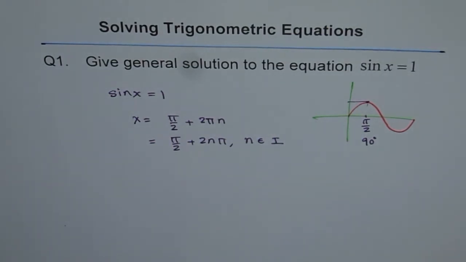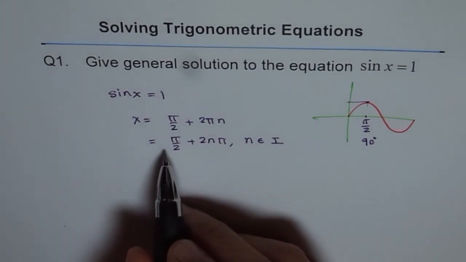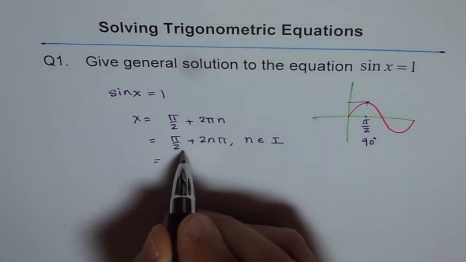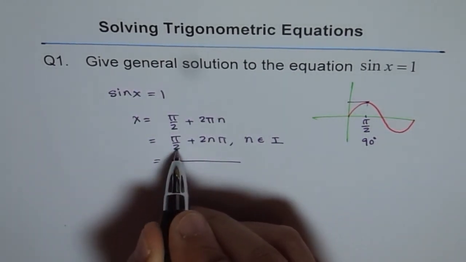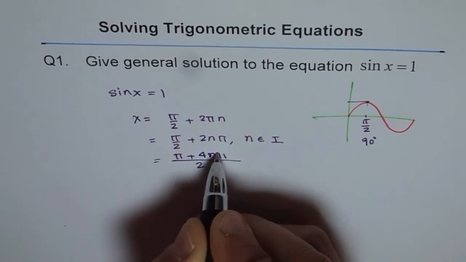I have also seen this question in multiple choice. There they give a different formula, so I'll try to derive that formula here for you. You can simplify this. If I take a common denominator of 2, then I get pi plus 4n pi. Do you see that?